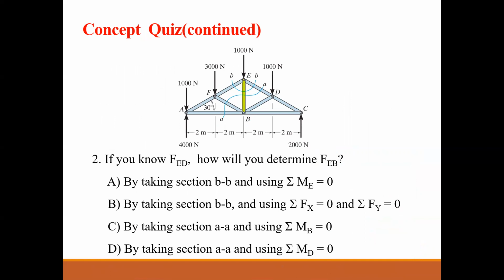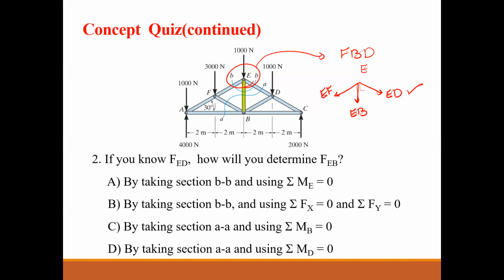So if you look at this one, it's way easier if you use the method of joints. I can take joint E. If I take joint E out and draw a free body diagram, you can see this is point E, and I have EF, I have EB, and I have ED.